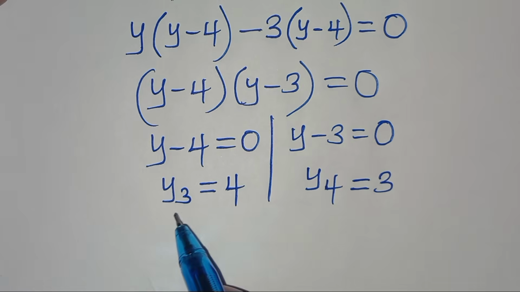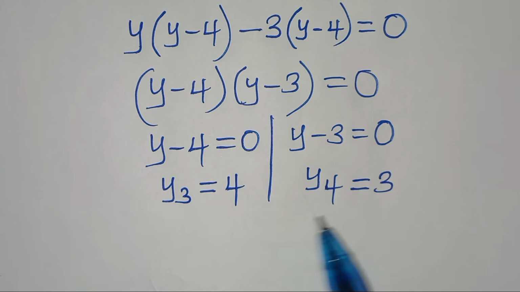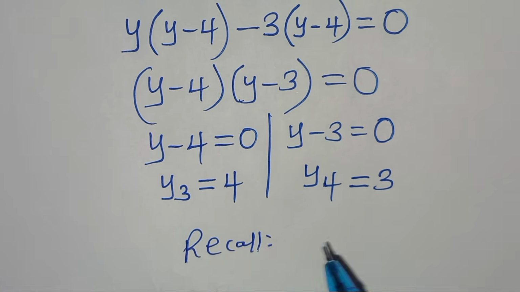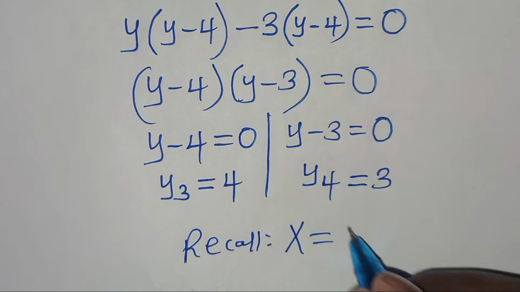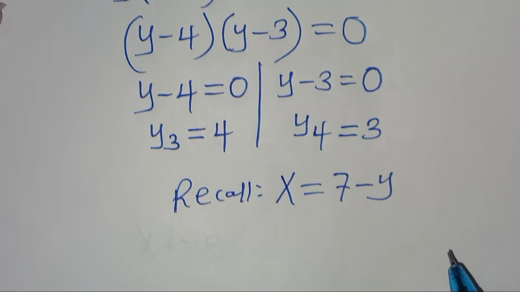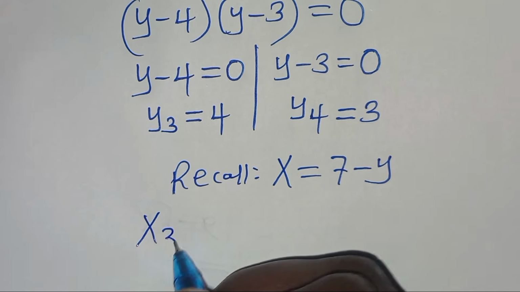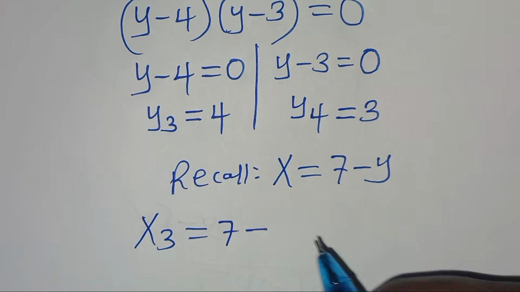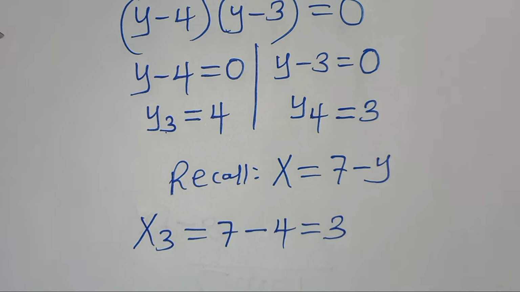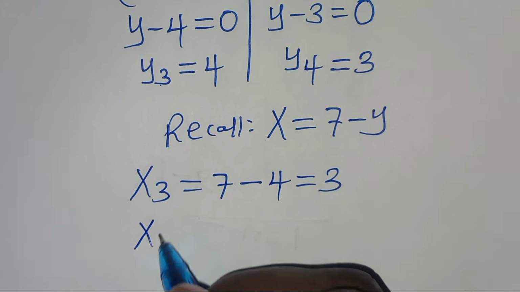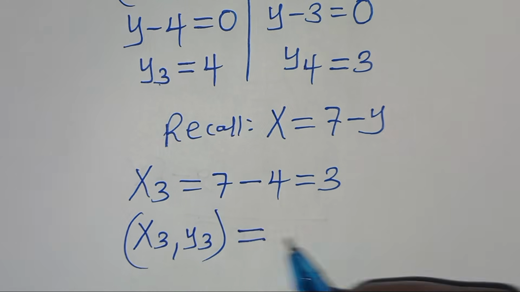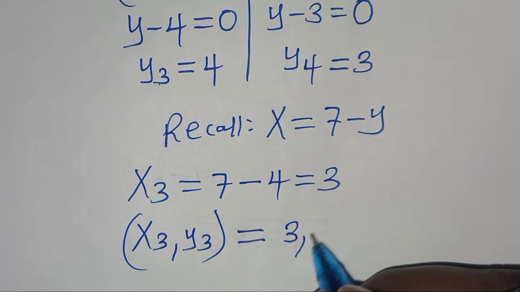So we can solve for the corresponding values of x3 and x4. If you recall, x is equal to 7 minus y. So we can solve for x3, which is equal to 7 minus y3, which is 4, and this is equal to 3. So x3 comma y3, the third set of solution, is 3 comma 4.